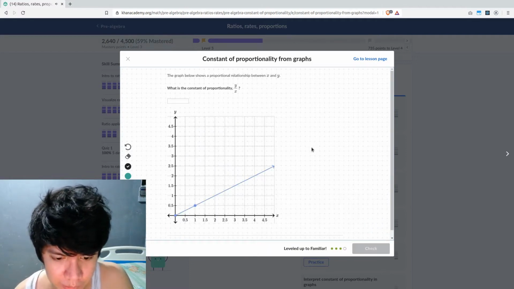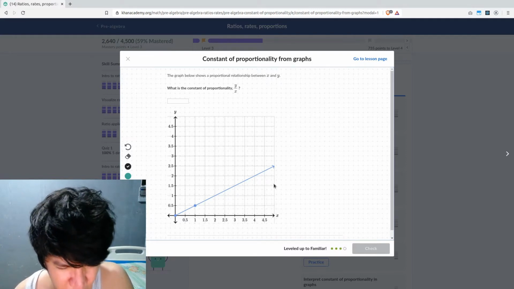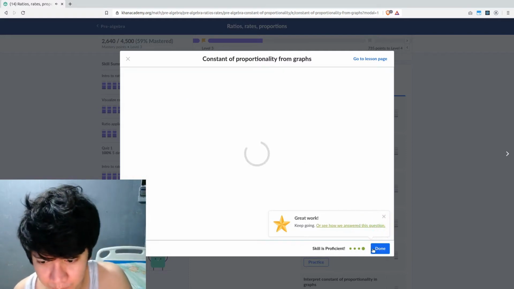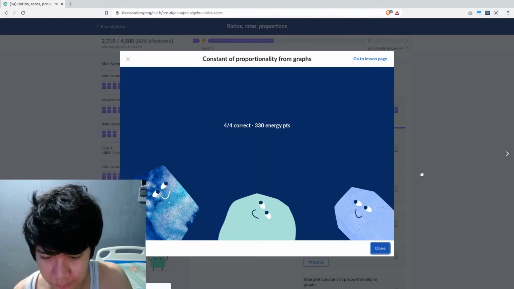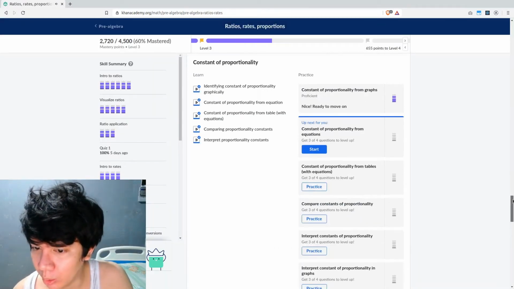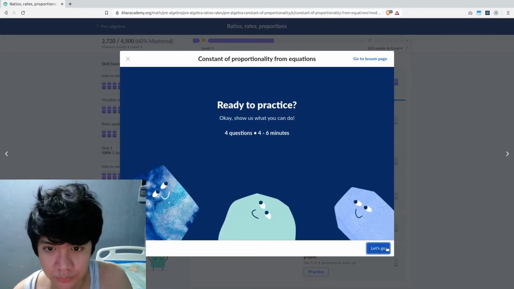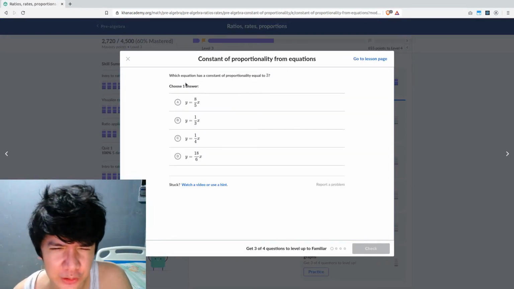What's the constant of proportionality? Oh wow, cool. 0.5. Constant from equations.